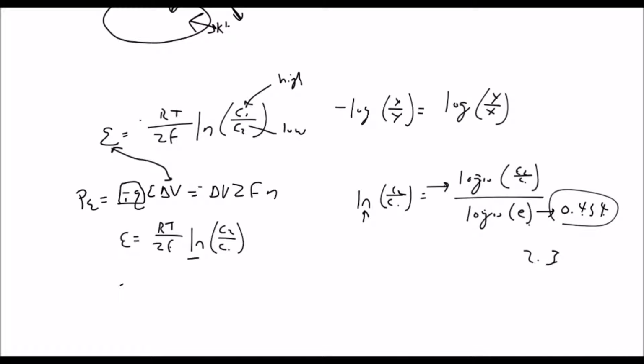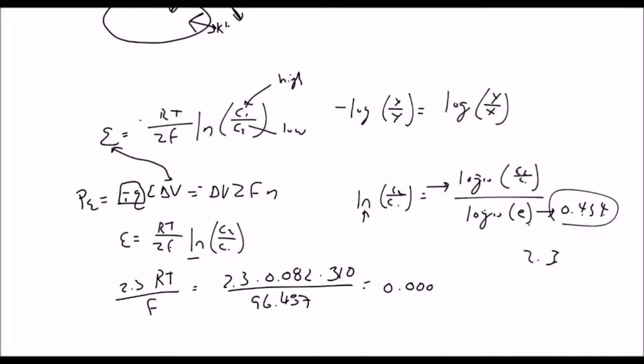So when I take 2.3 times RT over F, Faraday's constant, I get 2.3 times 0.082 times, now at 37 degrees Celsius, we're at 310 Kelvin, 310, divided by 96,487,000 for Faraday's constant, and you'll get roughly 0.0006.